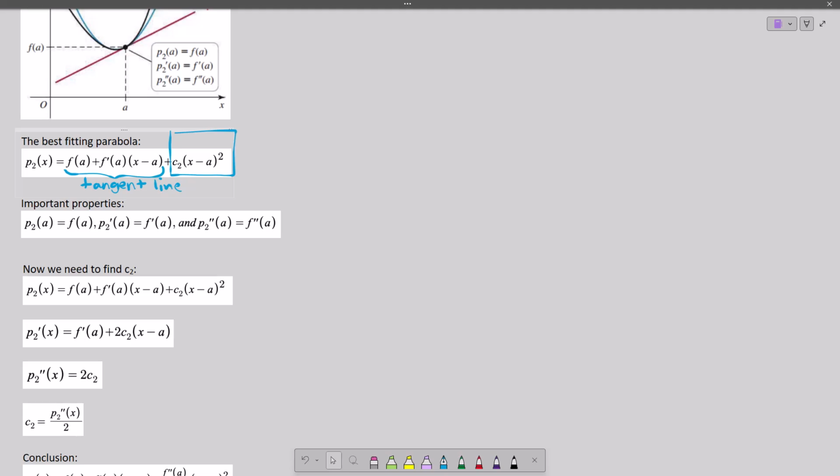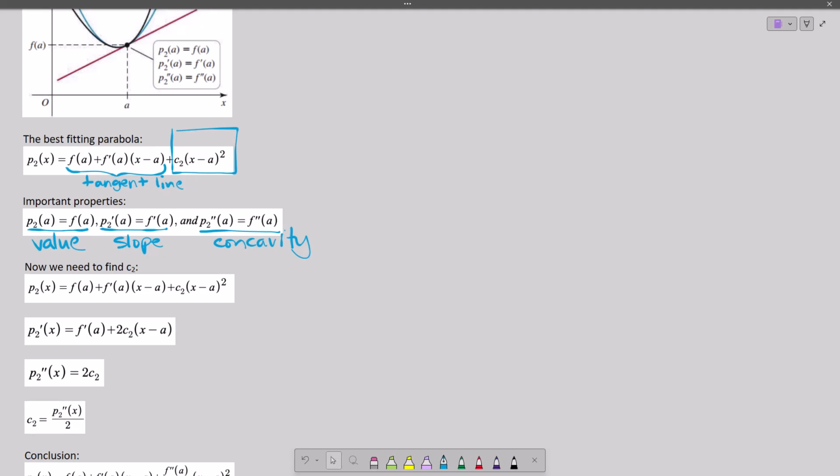So when we build this polynomial, we're requiring value, slope, and concavity all have to match. That's what we're going to mean by the best quadratic approximation. The best quadratic approximation is going to be the one that has value, slope, and concavity all matching the function. And there's only going to be one of them. We will see.